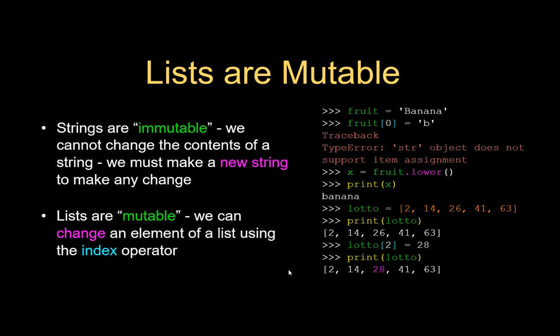So there is a concept here that we're going to learn, and it's mutable, and lists are mutable. What it means is that we can change the content of it, we can change the value of each member of it or each element of it using the index operator that we talked about.